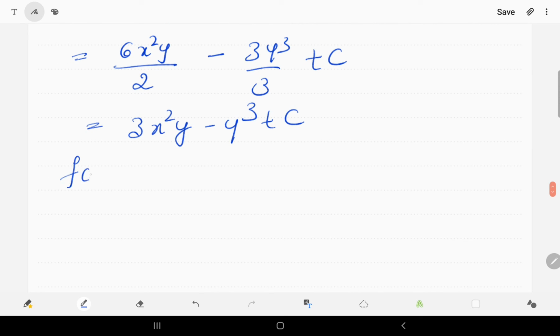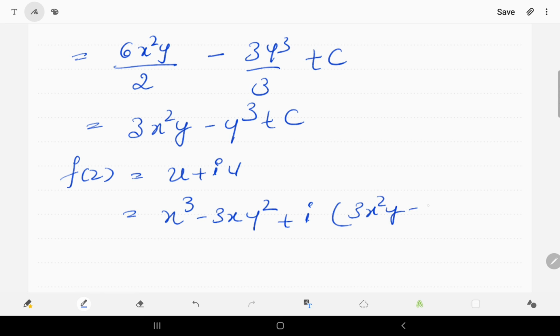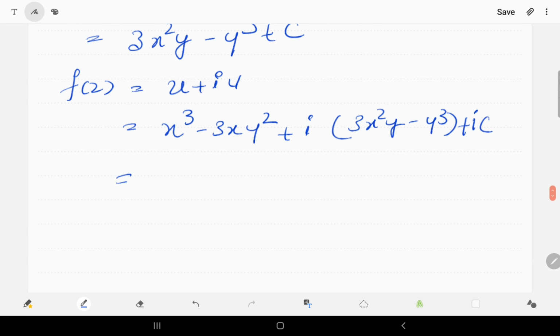Now f of z is equal to u plus iv. U is x cube minus 3xy square, it is given, plus i into v is 3x square y minus y cube plus c, ic, or this is nothing but x cube minus iy cube minus 3xy square plus 3ix square y plus ic.